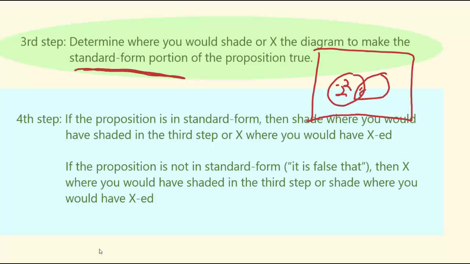But if the proposition was not in standard form, if it did have "it is false that" in front of it, then instead of putting a shading in area 3 like we did, we would instead put an X.